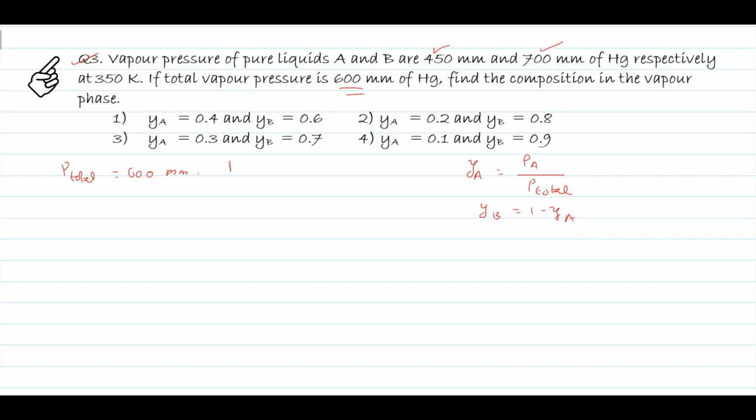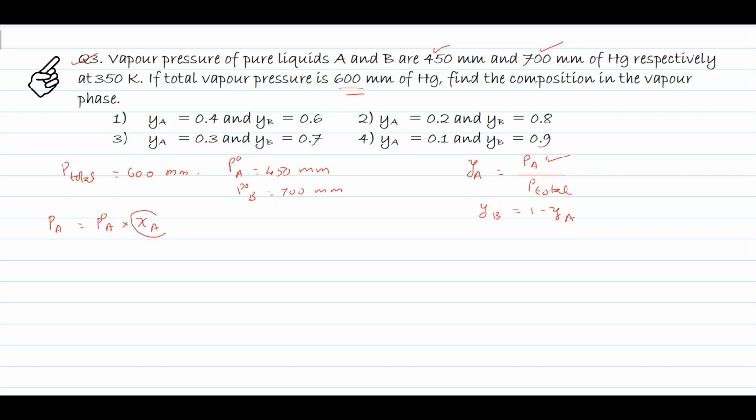That is P0A given as 450 millimeter, and P0B given as 700 millimeter, correct? Then we need PA. P total is given, then we require one more thing, PA. What is PA? PA is equal to P0A into Xa.